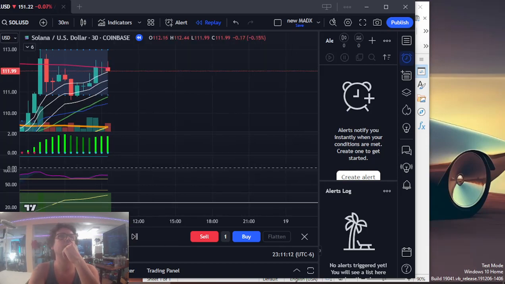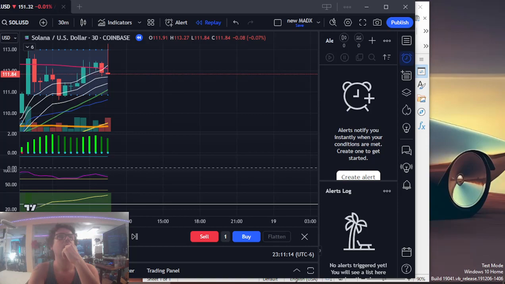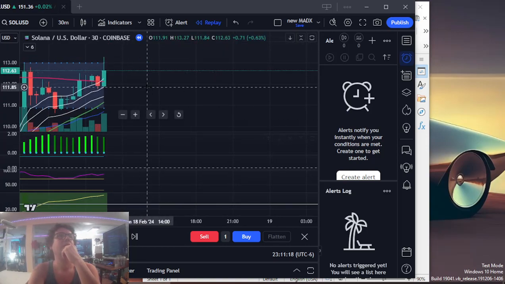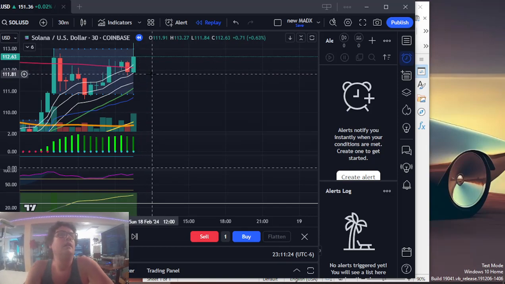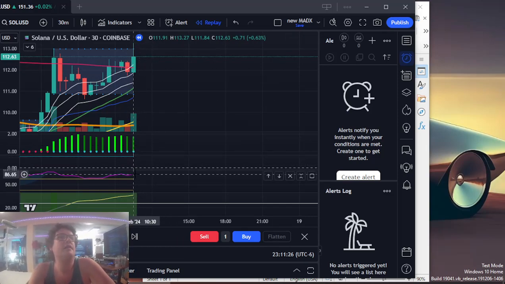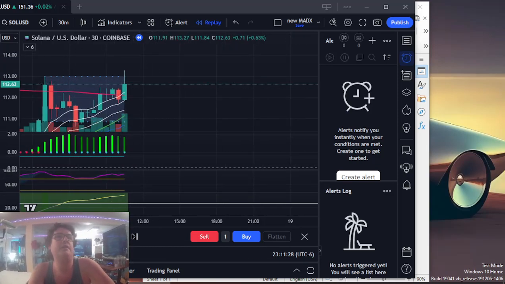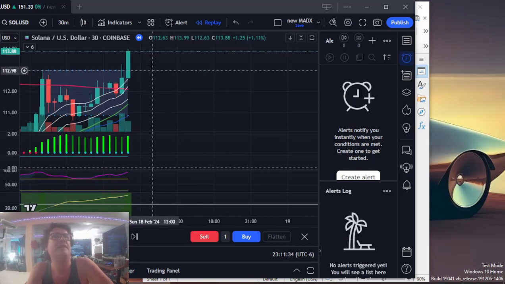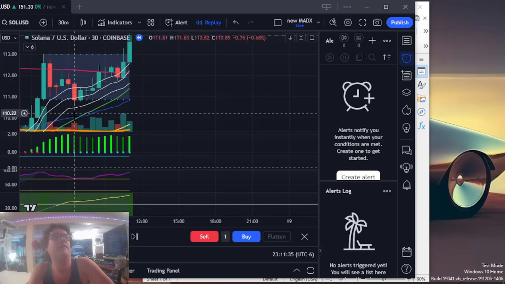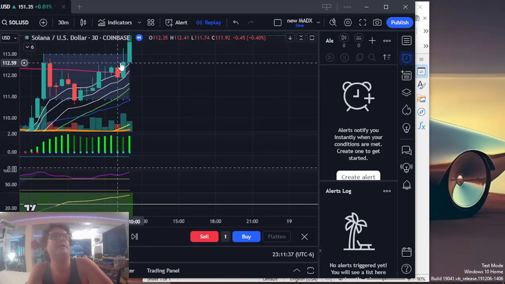Nope. Let's see here. We do have increasing volume on this end of the double top. This is probably going to go up. Yep. See, we got increasing volume as it reaches the top.